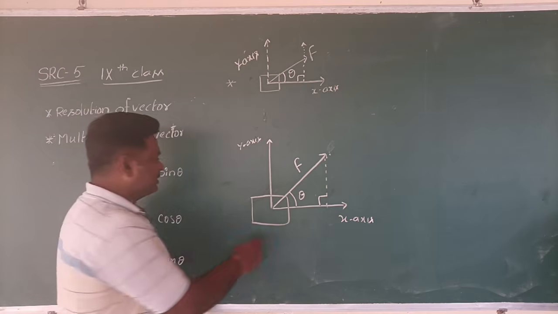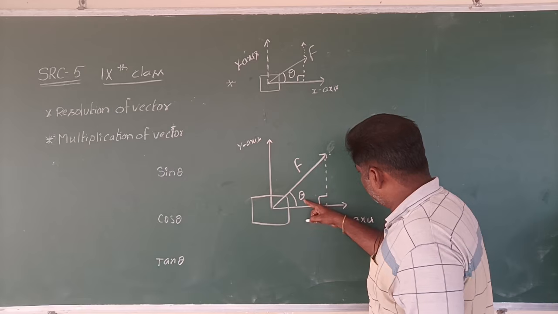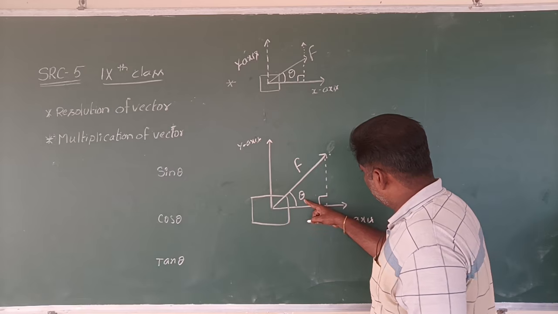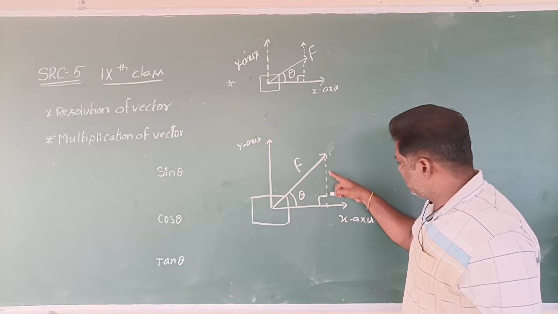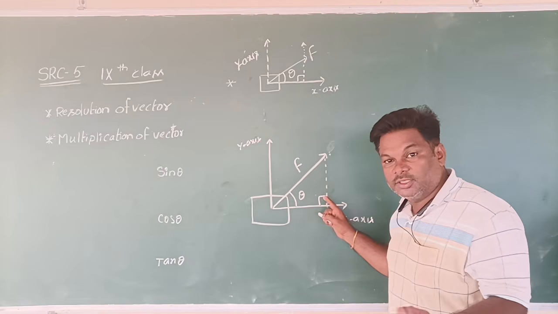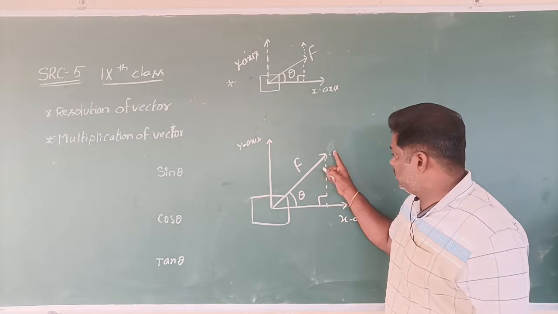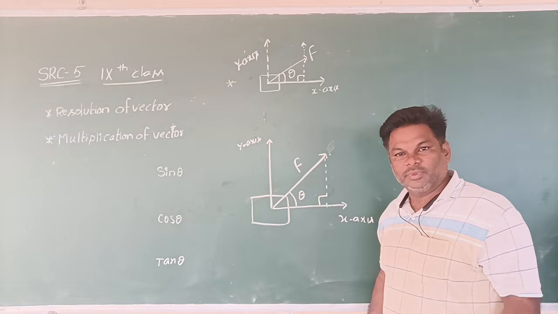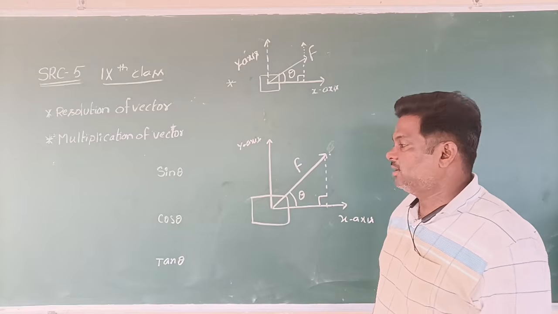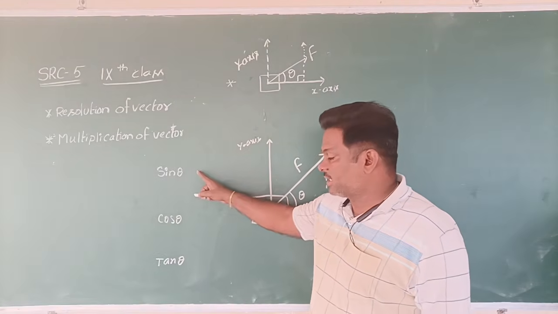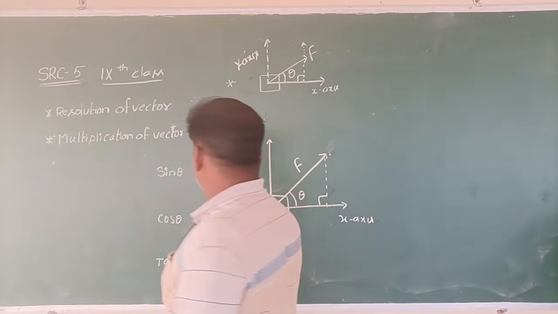This is the adjacent side for theta and this is the opposite side for theta, and they are perpendicular to each other. When they are perpendicular to each other, you get a hypotenuse and you have a right angle triangle. Now you are able to apply trigonometric functions like sine theta, cos theta and tan theta.